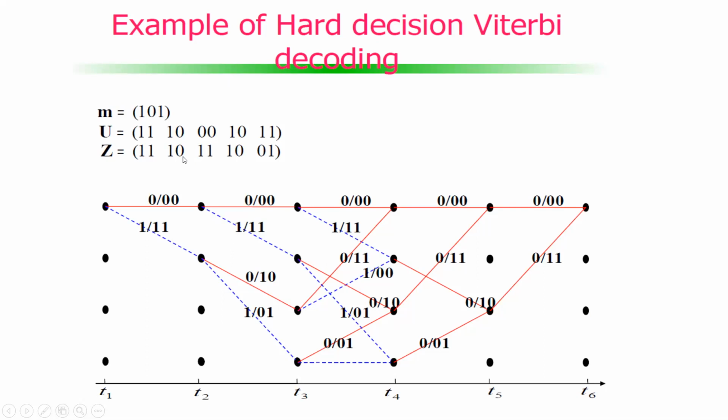So what is the procedure? This is the received code word. How can I know whether this is the correct received code word? And from the received code word, I need to decode what was the message vector. How can I do this?